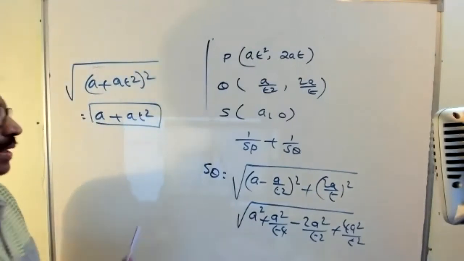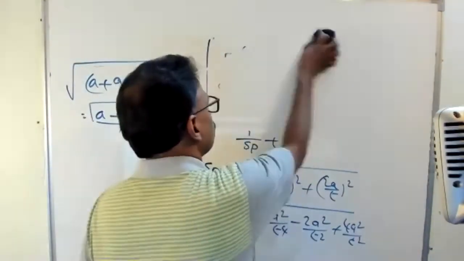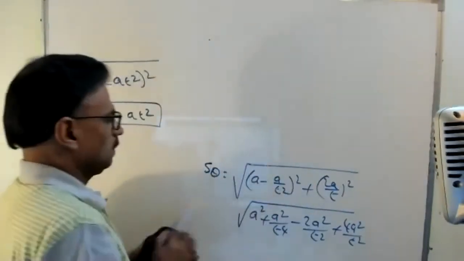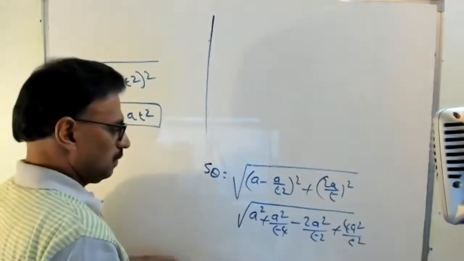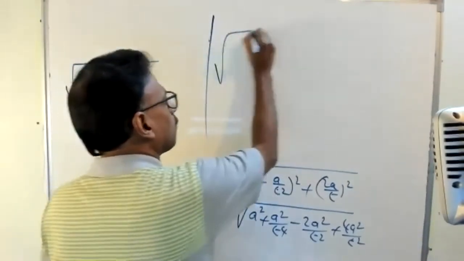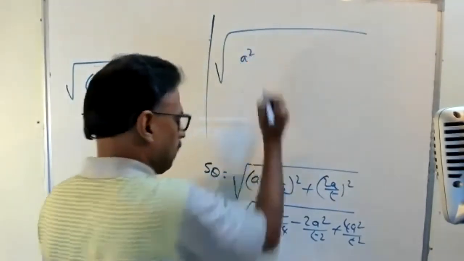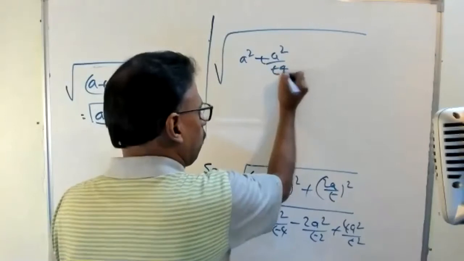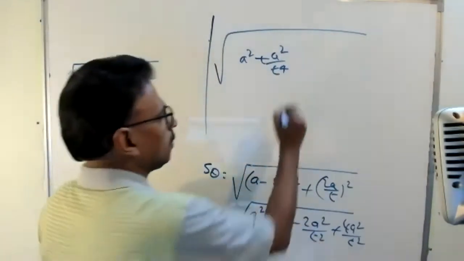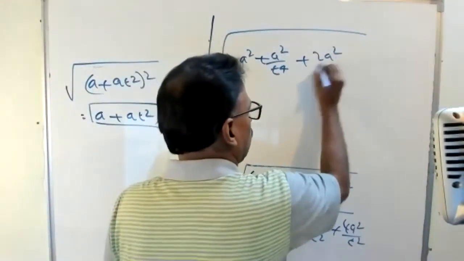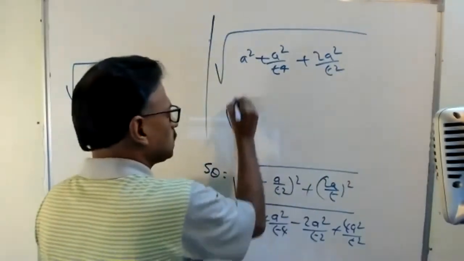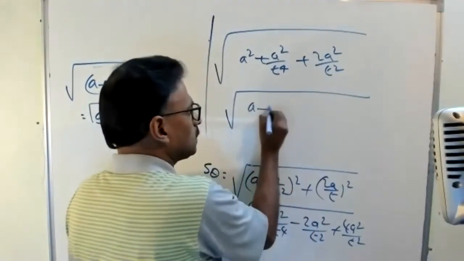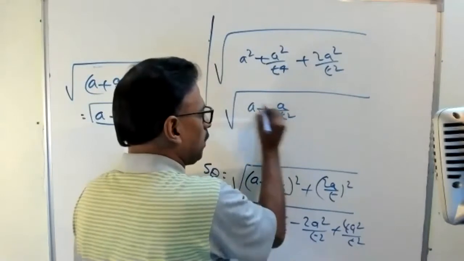Okay, that is equal to root of a square plus a square by t raised to 4 plus 2a square by t square. That is a plus a by t square whole square.